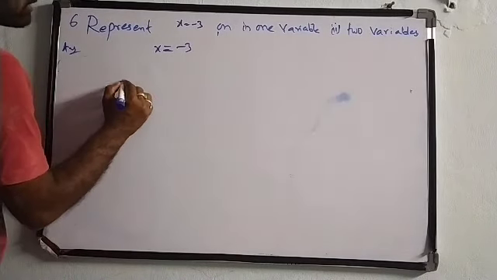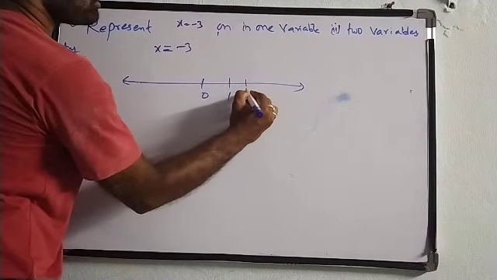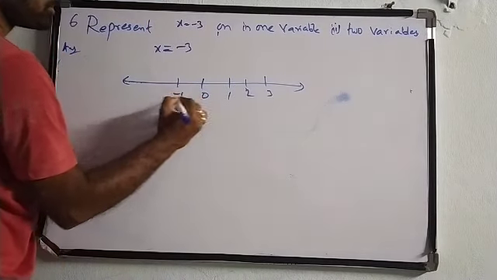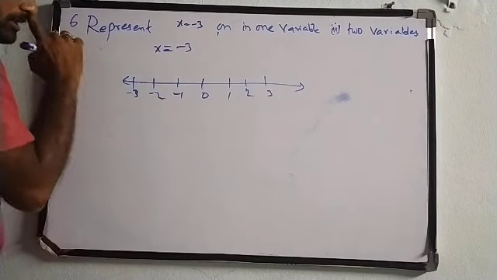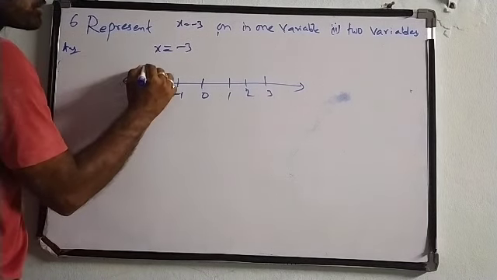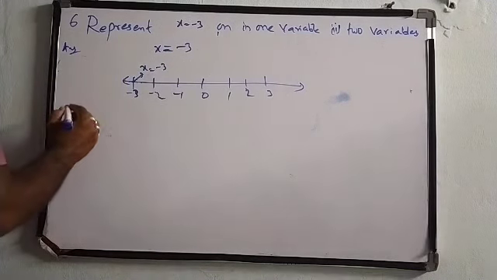So x = -3 on the number line here: 0, 1, 2, 3, -1, -2 and -3. So this is nothing but x = -3.